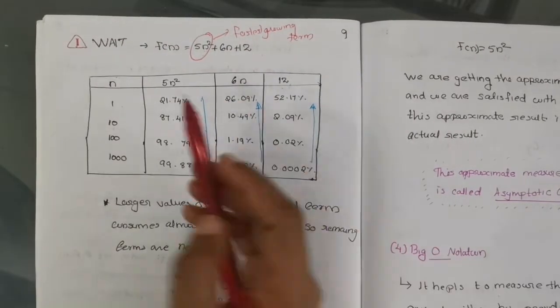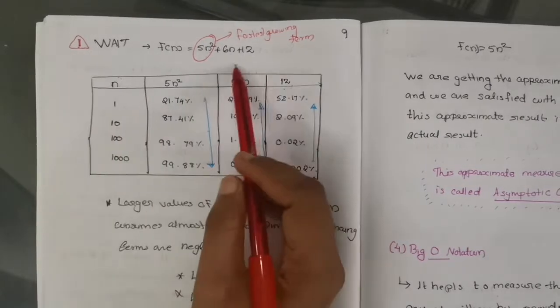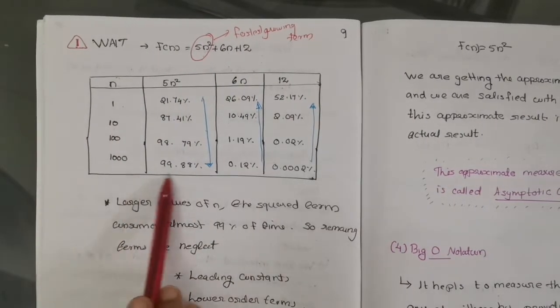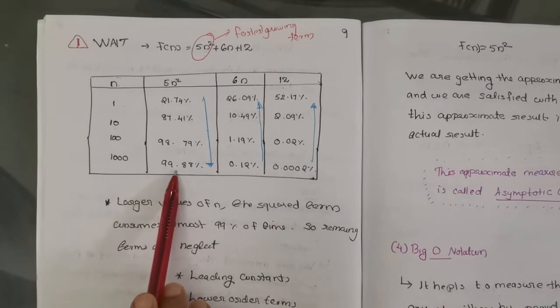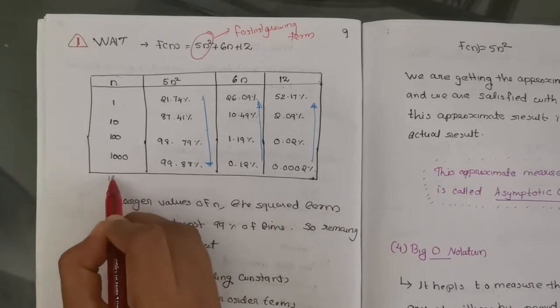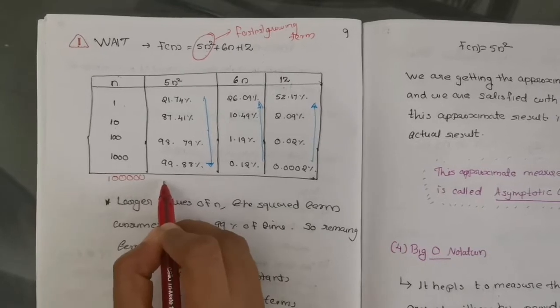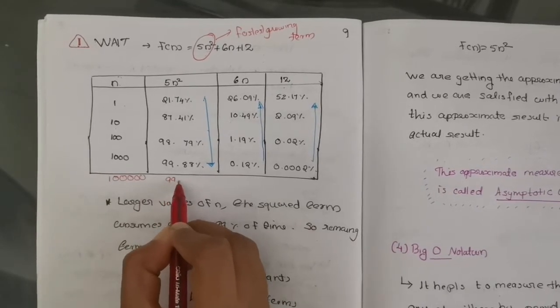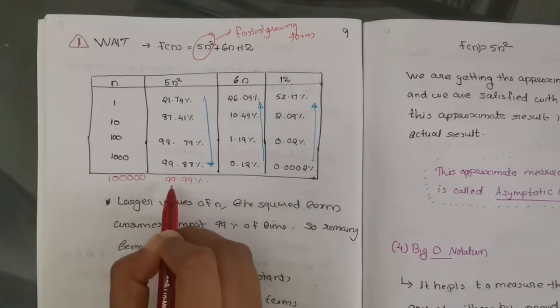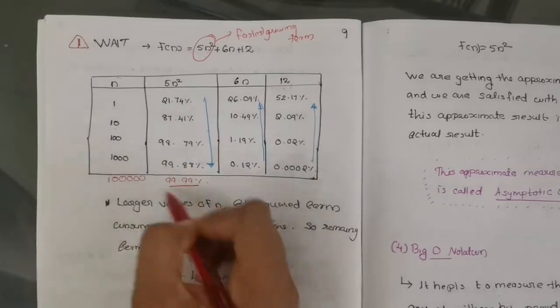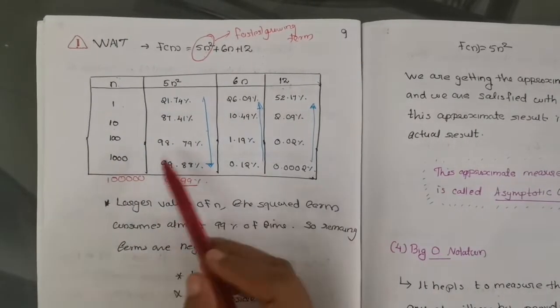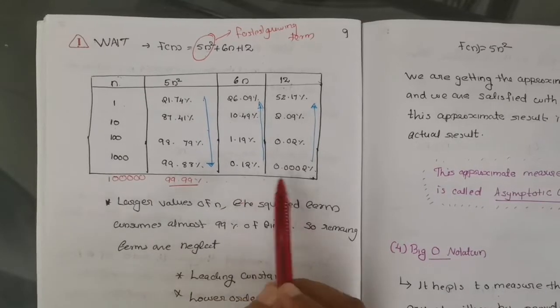With the input, n is the input. For example, if you take 1 lakh, what will happen? About 99.99% of the time will be consumed by this term, and compared to that, the other terms are negligible.